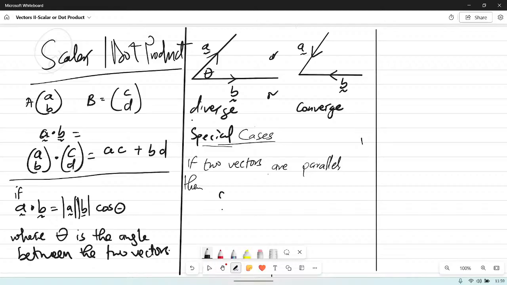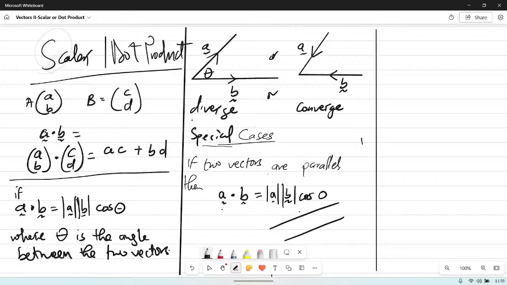If they are parallel, it means that A dot B is going to be the magnitude of A times the magnitude of B times cos zero. Because if two lines are parallel, there's no angle between them. An angle is created when two lines intersect.